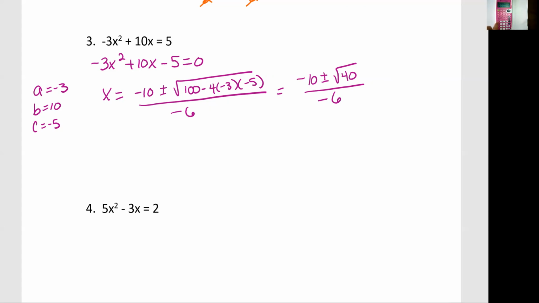Let's simplify the square root of 40. It has a perfect square in it of 4. So this simplifies into negative 10 plus or minus 2 square root of 10, all divided by negative 6. If we simplify this, negative 10 over negative 6 plus or minus 2 square root of 10 over negative 6.